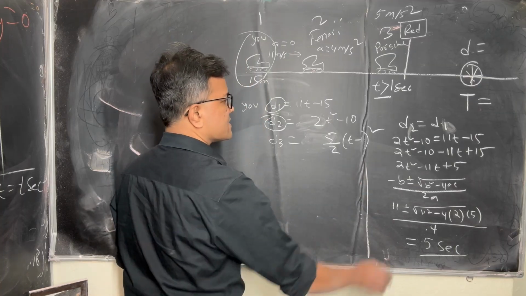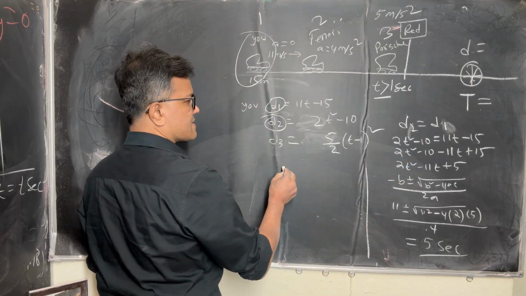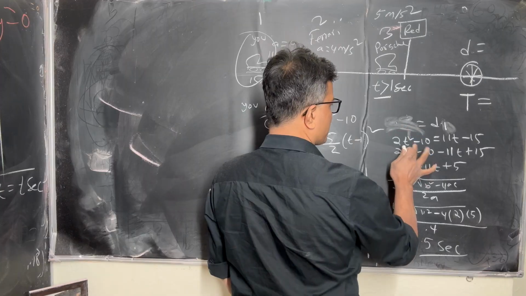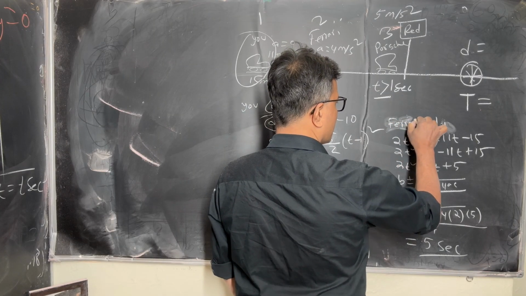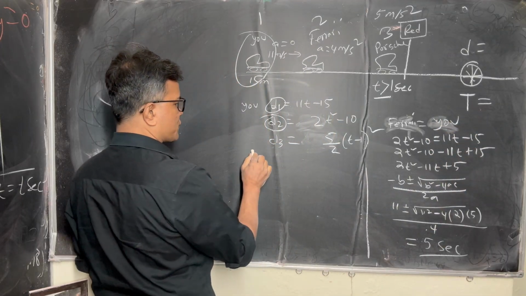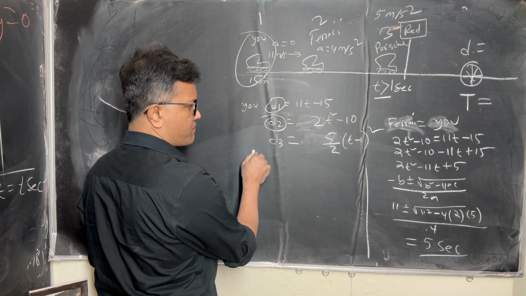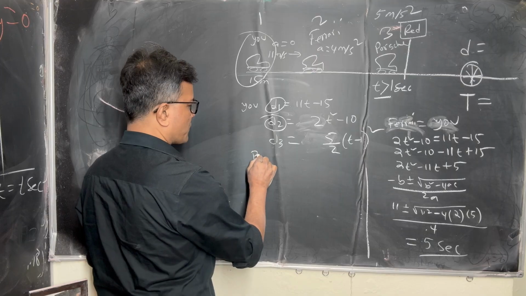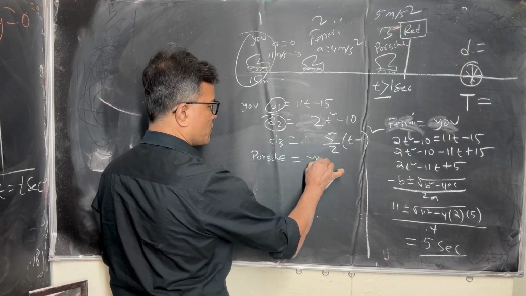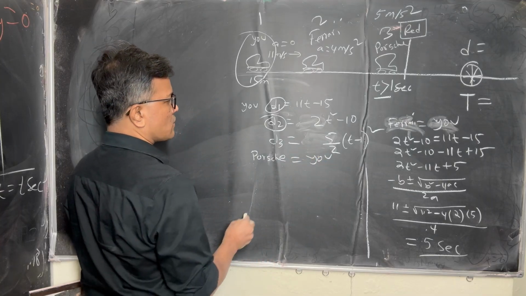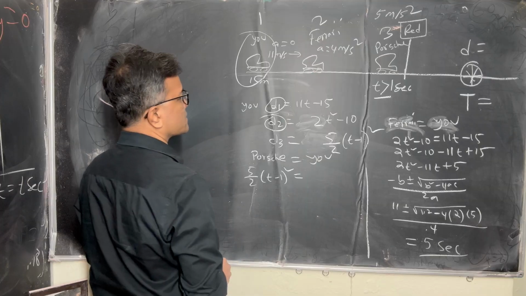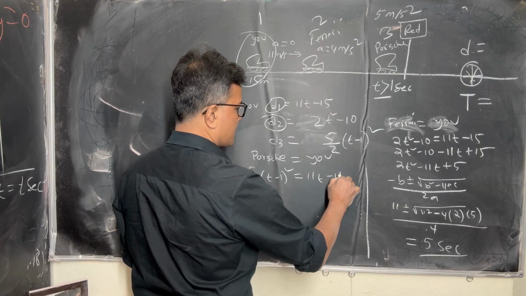All right, now this is D2, D1. Now this is the Ferrari, and this is U. And then let's say Porsche is equal to U. Porsche is equal to what? 5 over 2 times (t minus 1) squared, and U is equal to what? 11t minus 15.